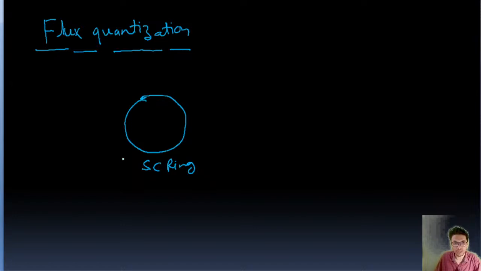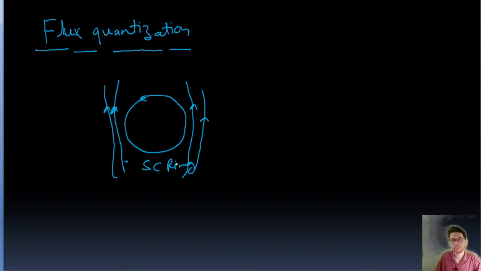What happens is the magnetic field will go outside of the ring because the superconductor is perfectly diamagnetic, and we know for a superconductor, B inside is 0. When we apply a magnetic field through the superconductor, it does not penetrate it, it passes outside of the superconductor.